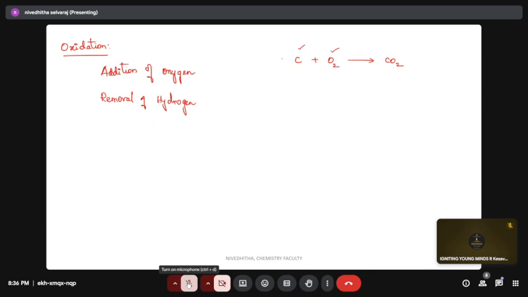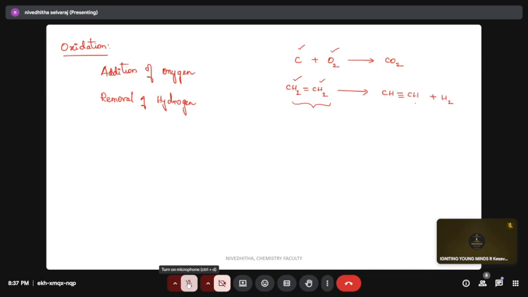Similarly, I have CH2=CH2. Now this is getting converted into CH≡CH. Hydrogen from this carbon and hydrogen from this carbon was removed. So here the species lost its hydrogen, right? So this is also called oxidation.